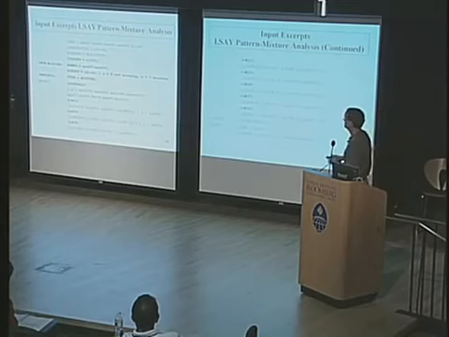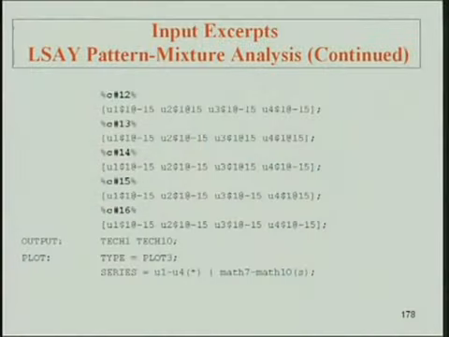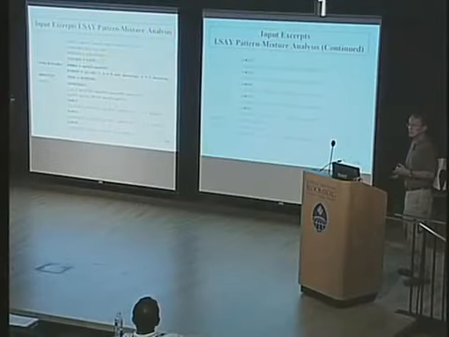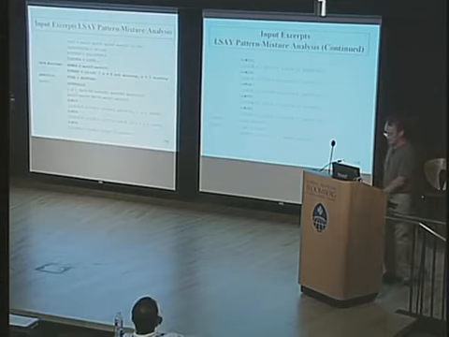You have all the missing data patterns represented in U, and by default in the mixture analysis, that implies that the means of the growth factors, I and S, are different across the missing data patterns, which is the hallmark of pattern mixture analysis, taking into account non-ignorable missingness.